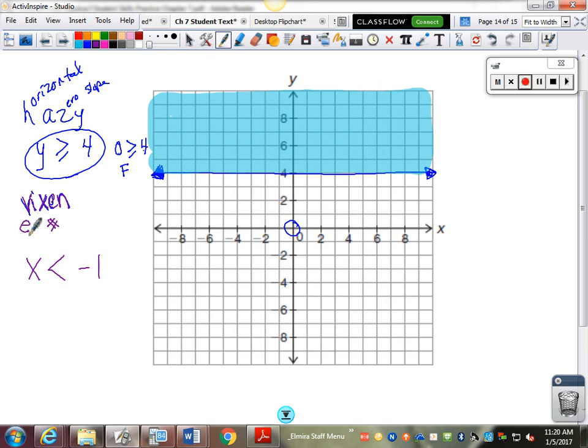I want you to use the V in Vixen to remember it will make a vertical line with no slope or undefined slope. So I'm going to go to the -1 on the x-axis, and I'm drawing a dashed line because there's no equal bar.